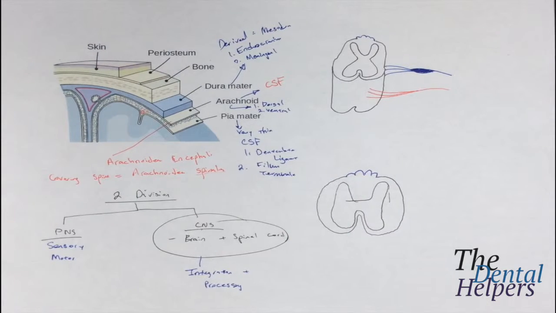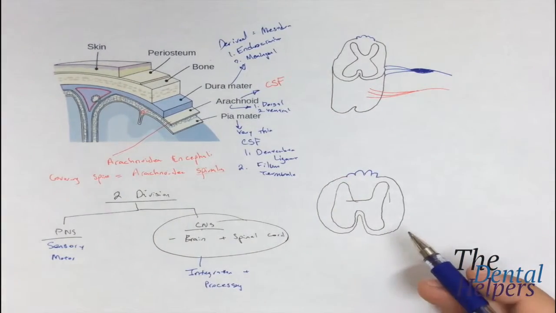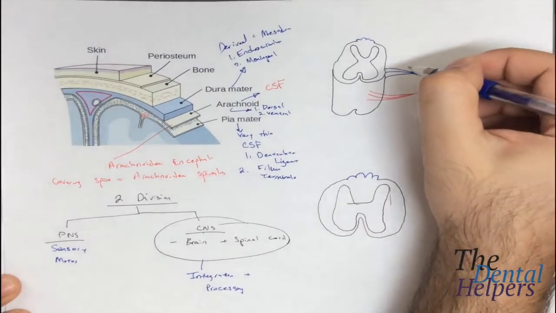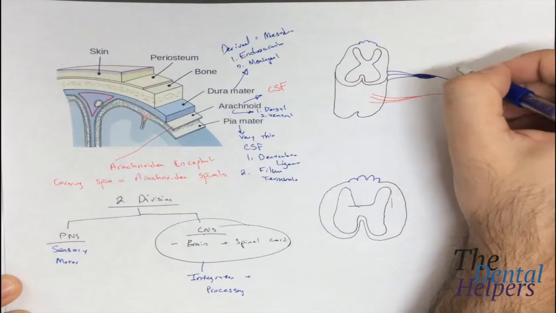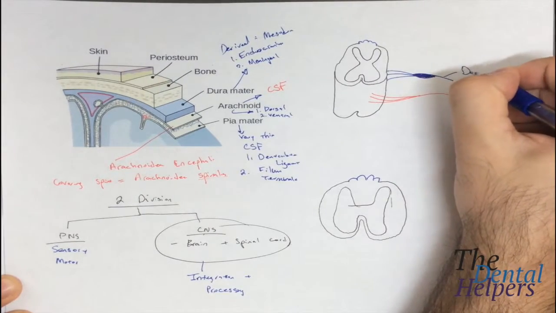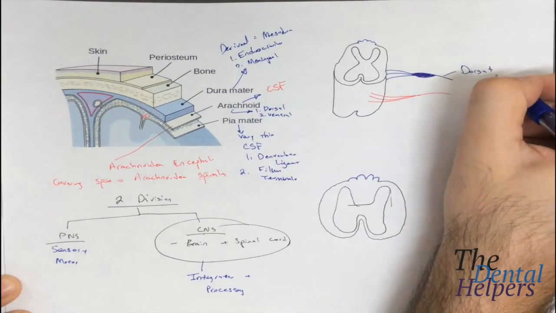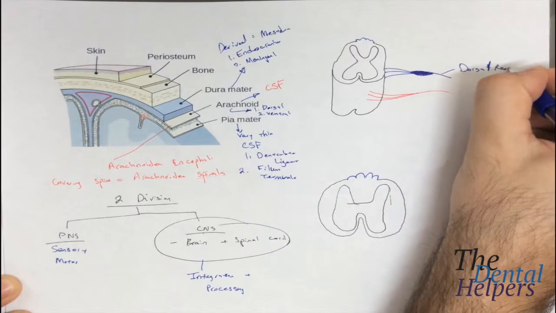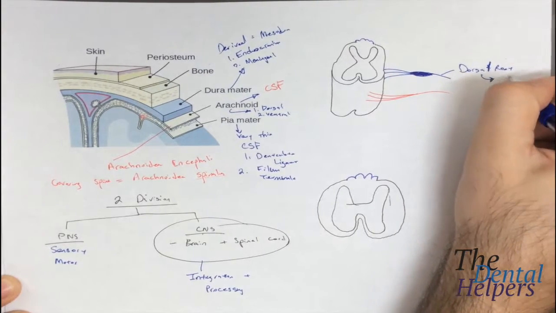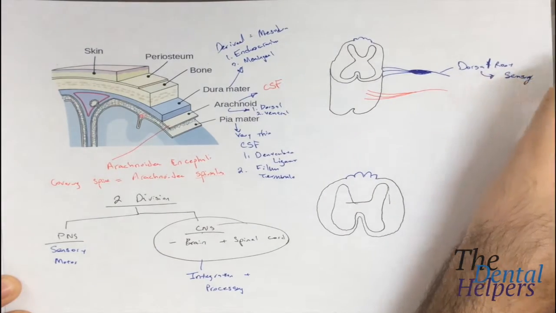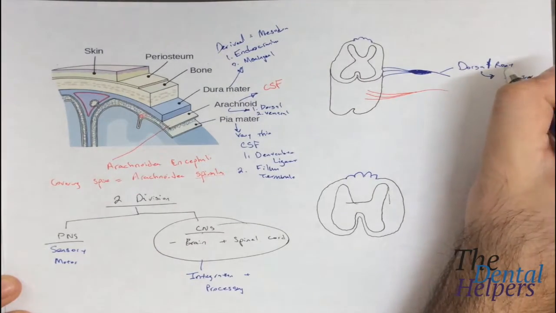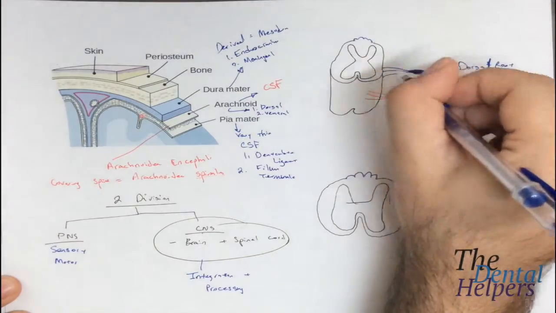Now let's look at the gray matter. Before we get there, let's start looking at the spinal cord. We have drawn right here the dorsal root in blue. The dorsal root is going to be for your sensory, and this is going to allow sensory neurons to enter the spinal cord.